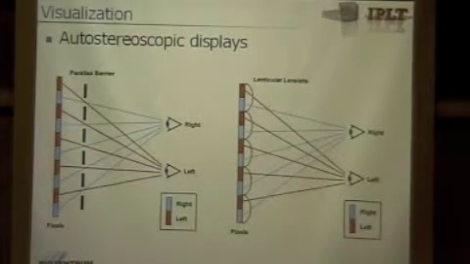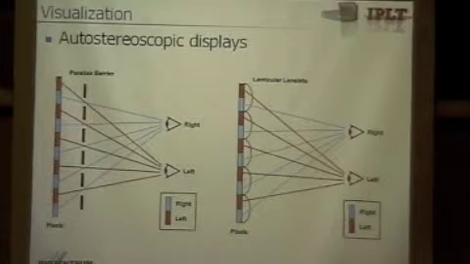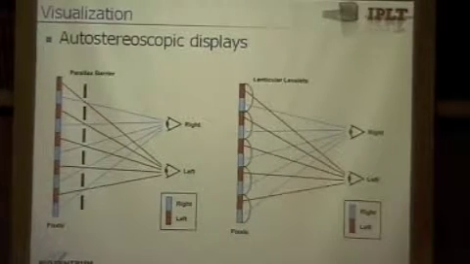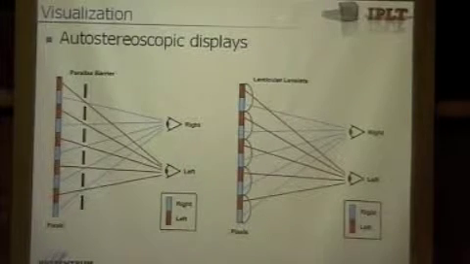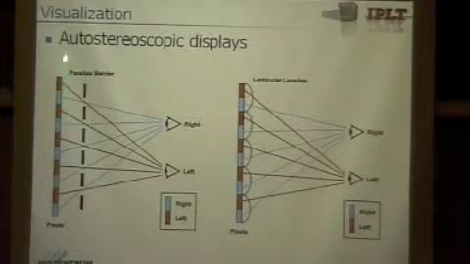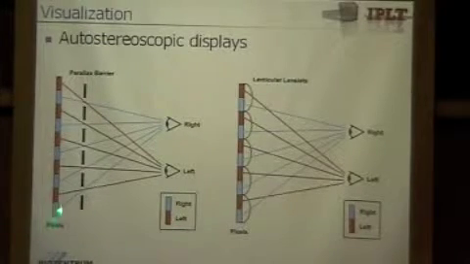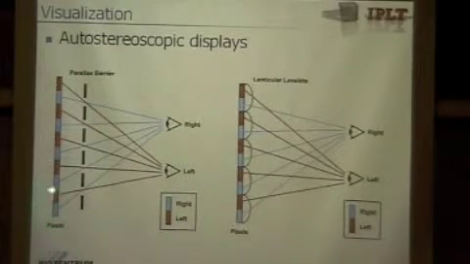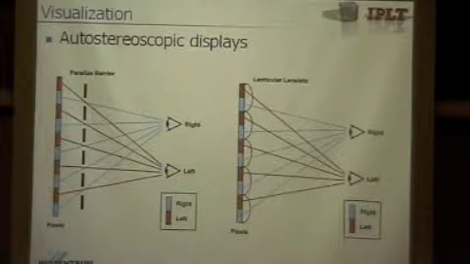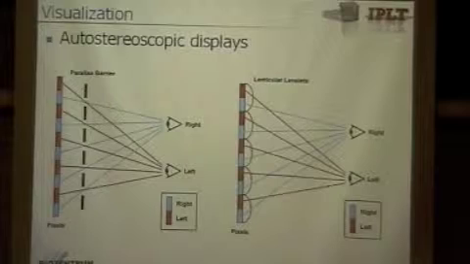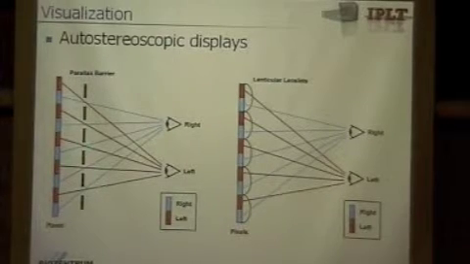A quite recent development were these stereoscopic displays. You can now buy them. I think they cost around $3,000 to $5,000 or so. They basically have a TFT display, and what they do is, every odd pixel they display the image for the left eye, and every even pixel they display the image for the right eye.